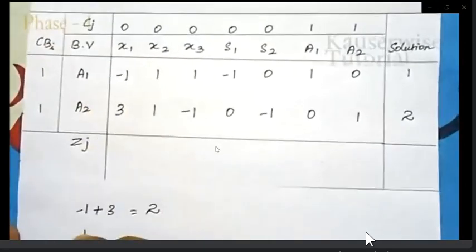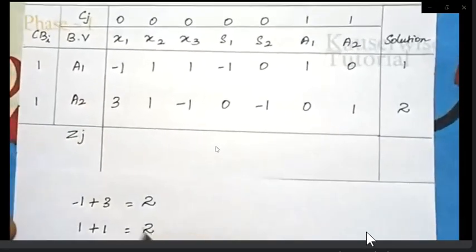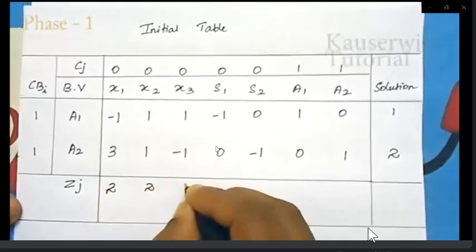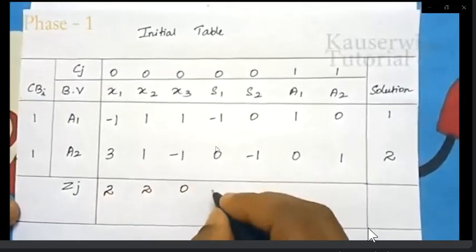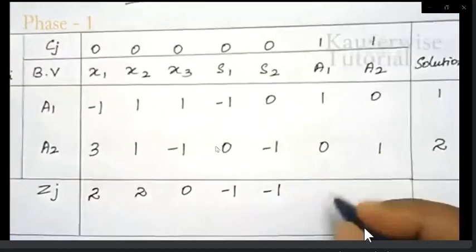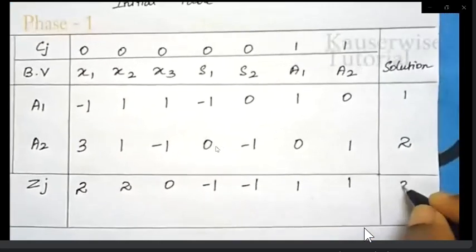For the second value, 1 into 1, 1, plus 1 into 1, 1, is equal to 2. In the same way, we need to find the Zj value for each element: x1 2, x2 also 2, x3 0, s1 minus 1, s2 also minus 1, a1 1, a2 1. Solution is 3.